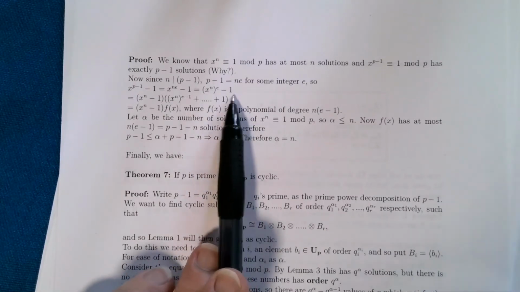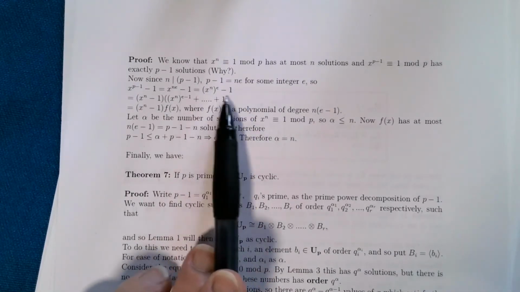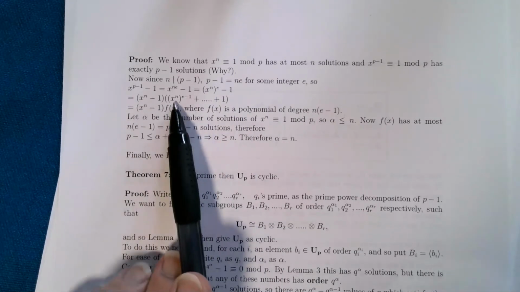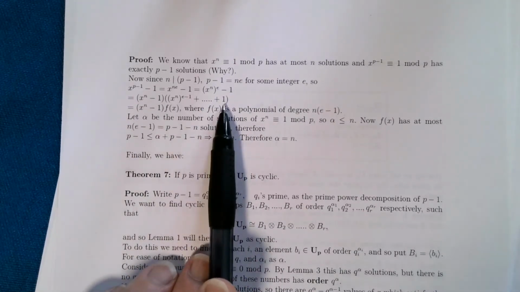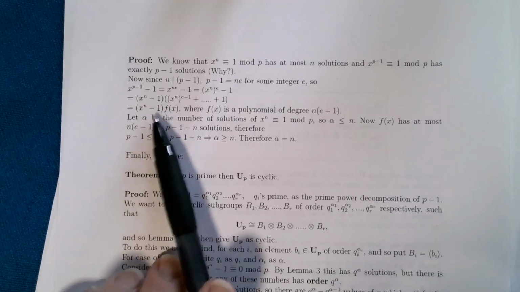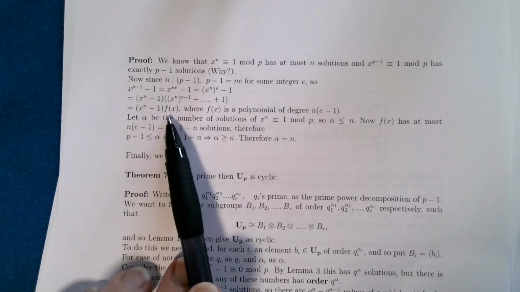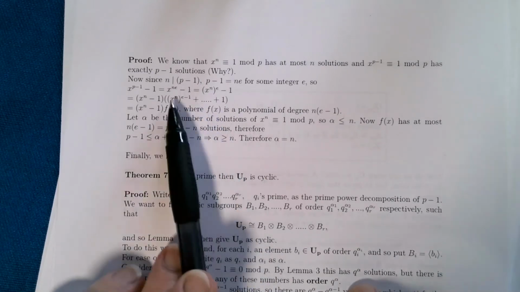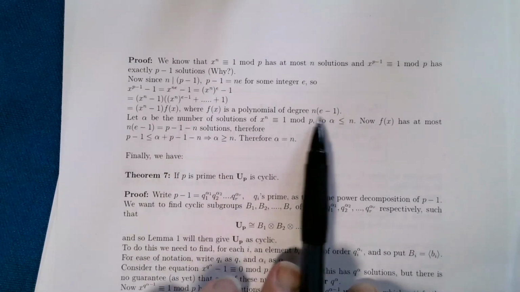Now I can factorise this, a standard factorisation. It's x to the n minus 1 times f of x, where f of x is a polynomial of degree n times e minus n.